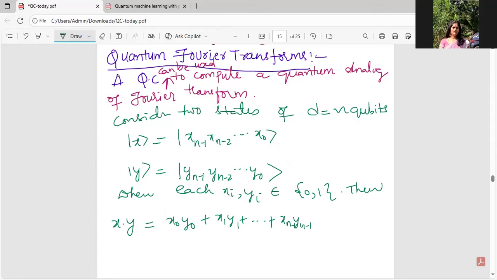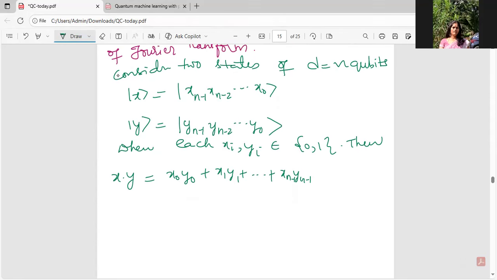Now, the quantum Fourier transform maps the state ket x, which I am redefining as x_{n-1} and so on to x_0, into the state.